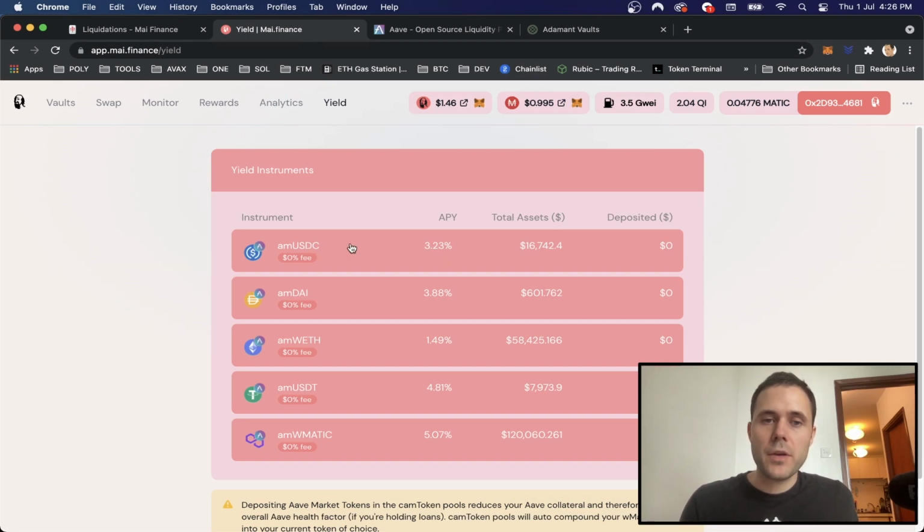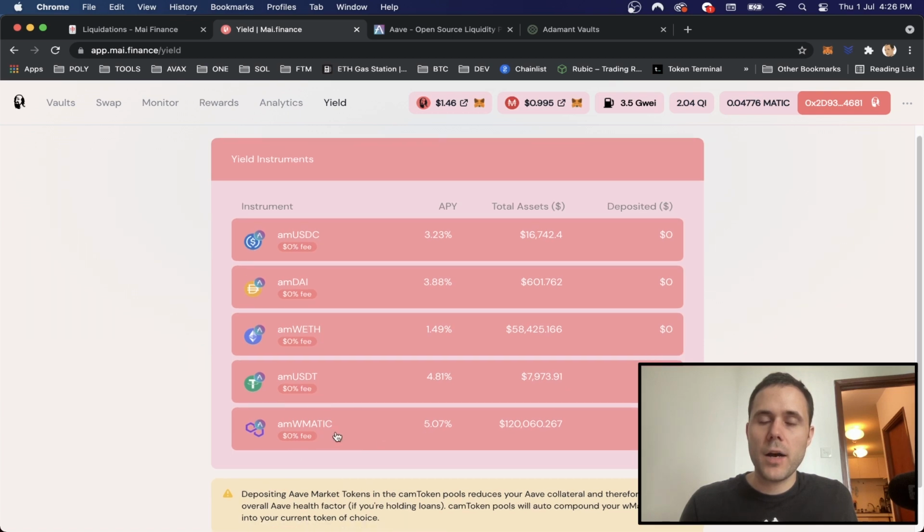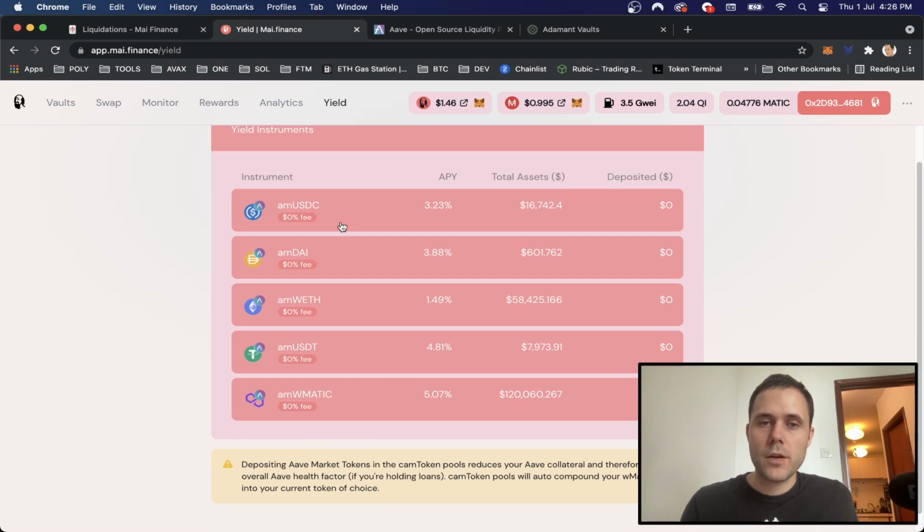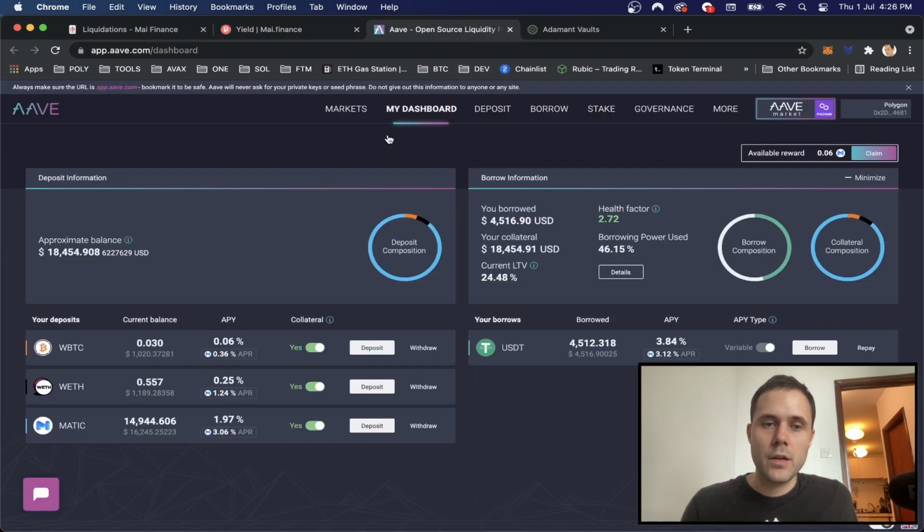So what we can do here is we can deposit our AAVE staked tokens, okay? So we got a number of options here: USDC, DAI, wrapped ETH, US dollar Tether, and wrapped Matic. And so these are all the different kinds of collateral types on AAVE.